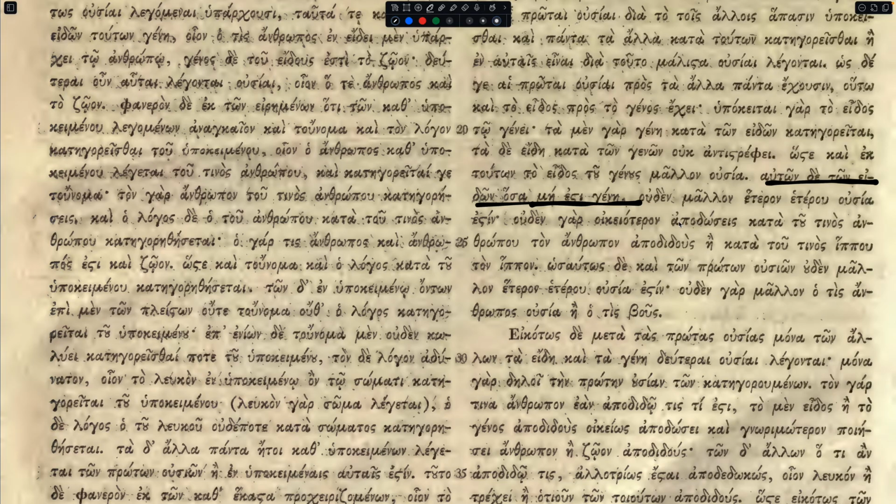But the genus is less so. Why? Because it's up the chain of predication. Genus is up here, where the species is down here, okay? And it's down the chain of predication, all the way down to the primary substance down here, right?